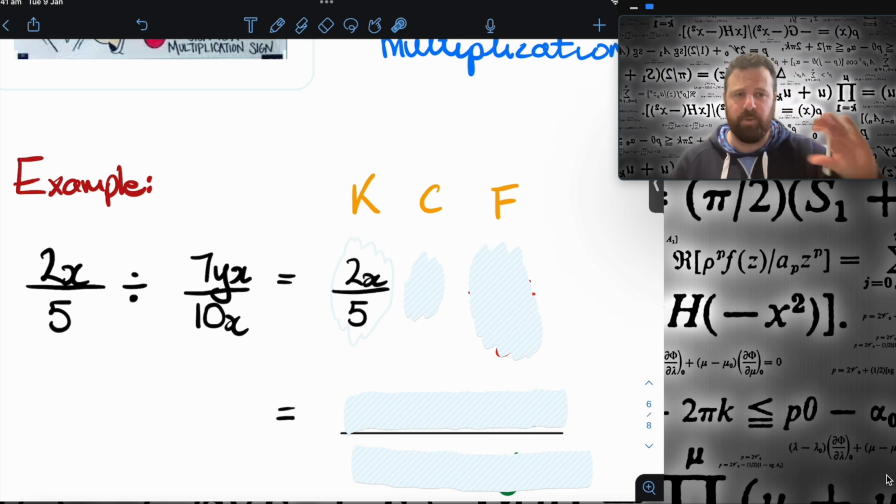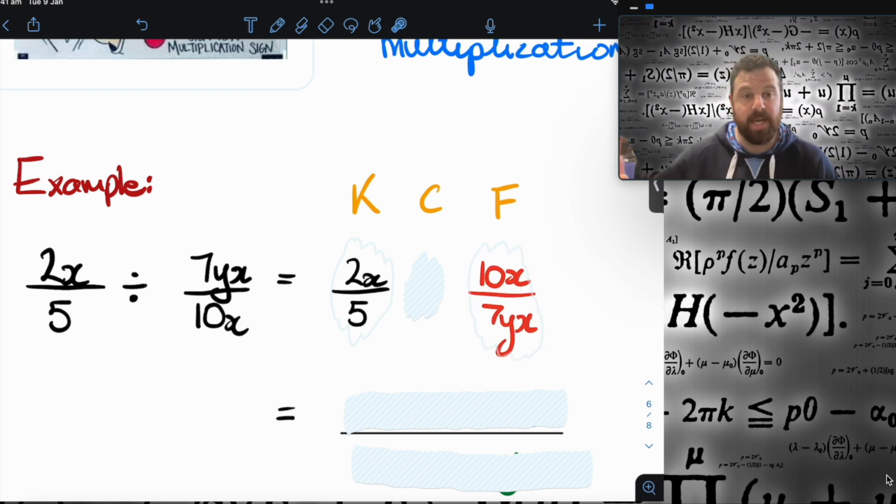F stood for flip, so we're going to flip 7yx over 10x. That now becomes 10x over 7yx. We just did the switcheroo there. And finally, I'm going to change that division symbol into a multiplication symbol. Step one for dividing fractions done.